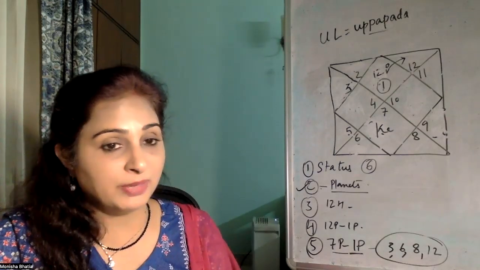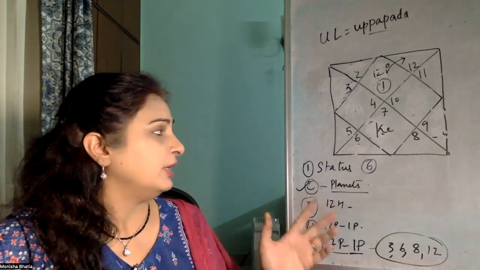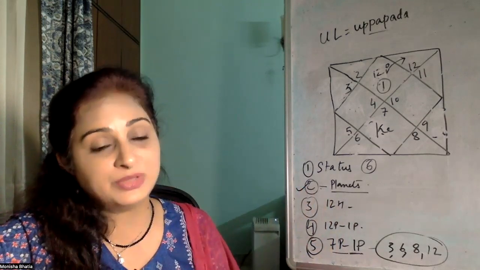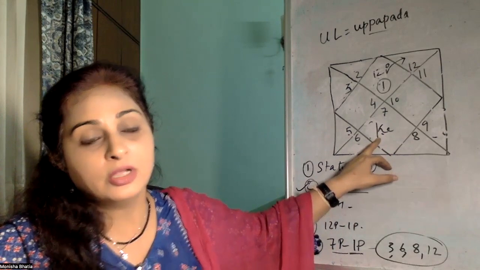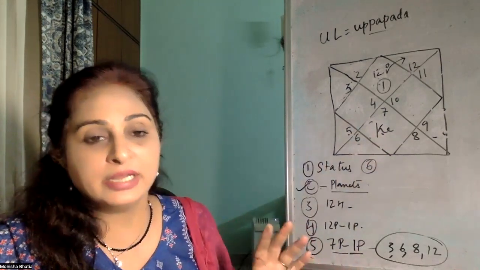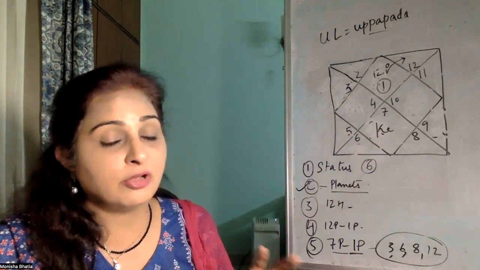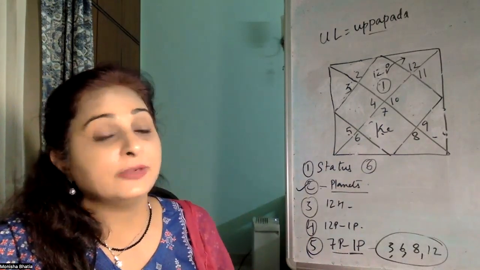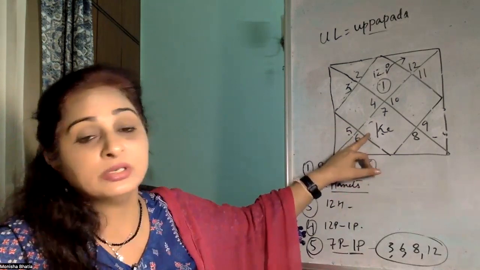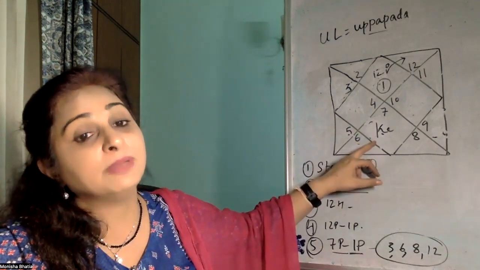The native may not marry, or the relationship will be just for the namesake. So it is going to deny the happiness of marriage. So always remember, wherever Ketu is placed, the happiness of that house from living beings is often denied. At the same time, if you turn spiritual, things may not be that bad.